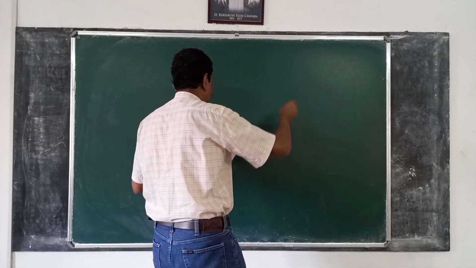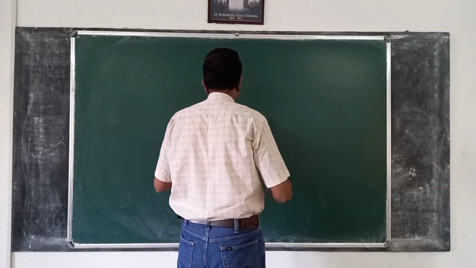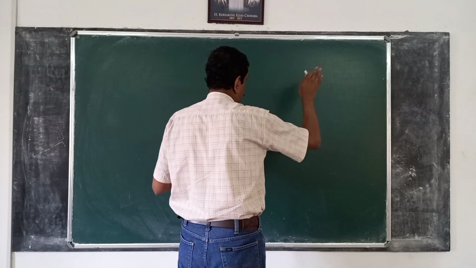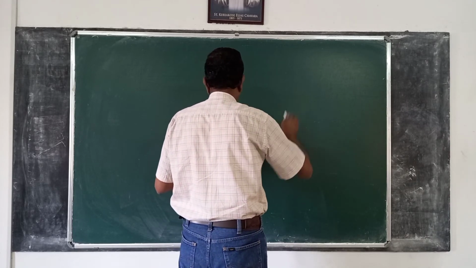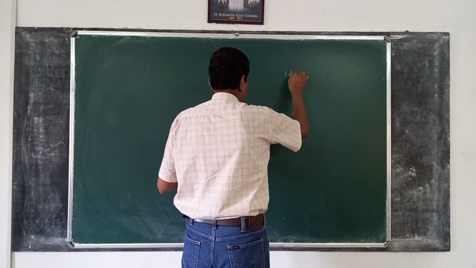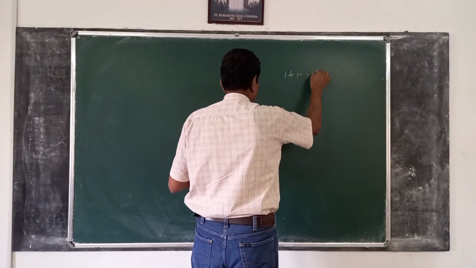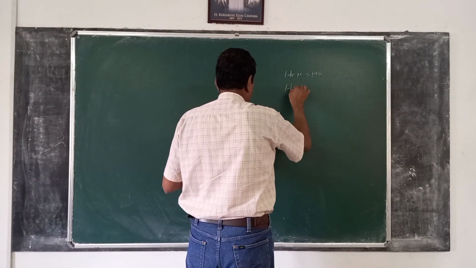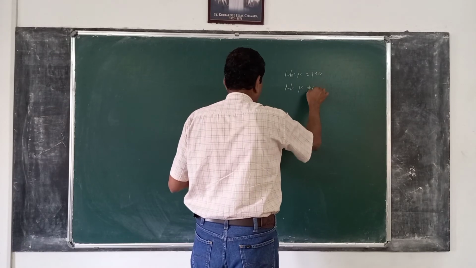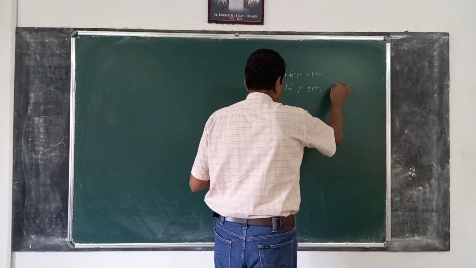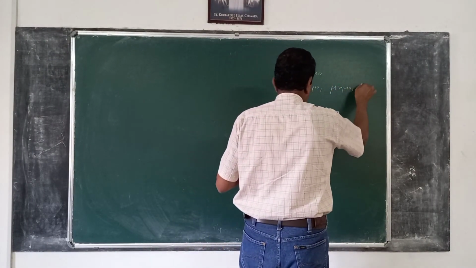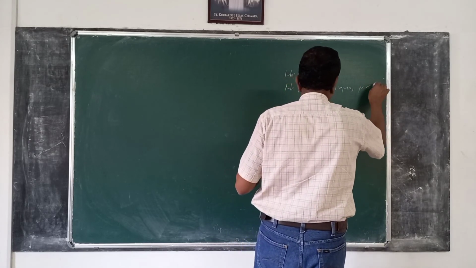So the Wilcoxon signed rank test. We assume that simple random sampling is taken and the population is symmetric. H0: mu is equal to mu 0. H1: mu is not equal to mu 0, or mu is greater than mu 0, or mu is less than mu 0.